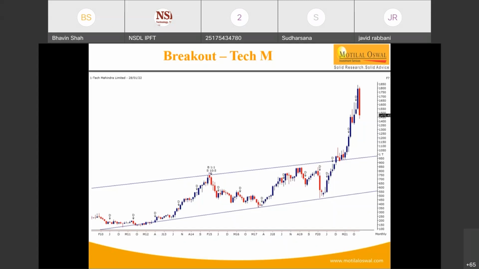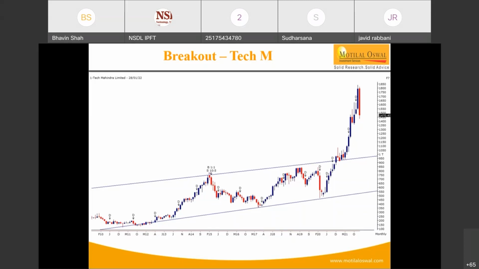Since 2014, it had never crossed the 950 level, and it was consistently moving in this kind of channel. Once the breakout was identified, and it was a 7-8 year breakout, the stock actually moved in 7 to 8 months from 1,000 levels to 1,800 odd levels.